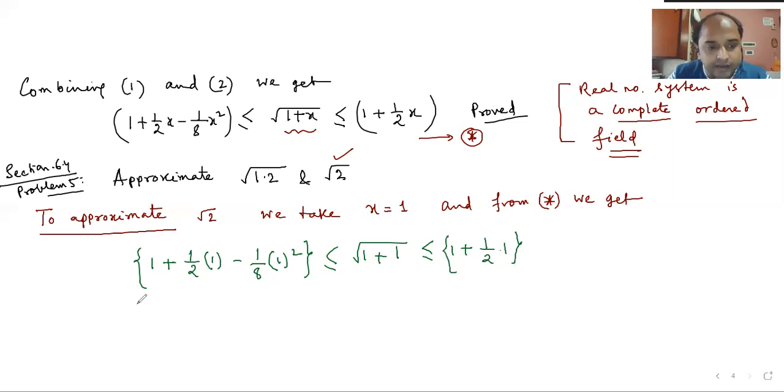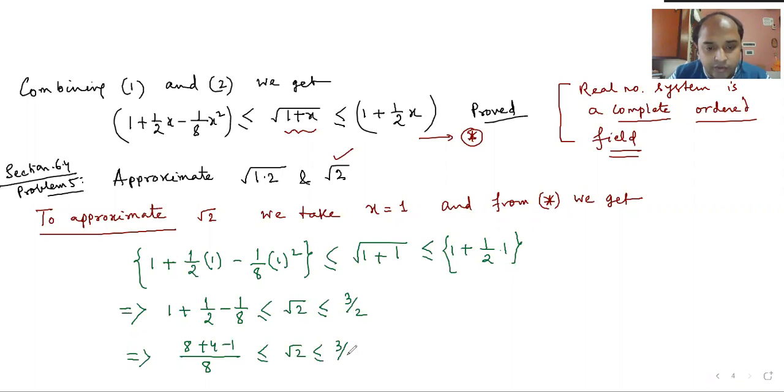And you see, this is 1 plus half minus 1 by 8 less than or equal to root 2 less than or equal to 1 plus half, which means 3 by 2. And this would be 8 plus 4 minus 1 over 8, less than or equal to root 2, less than or equal to 3 by 2.